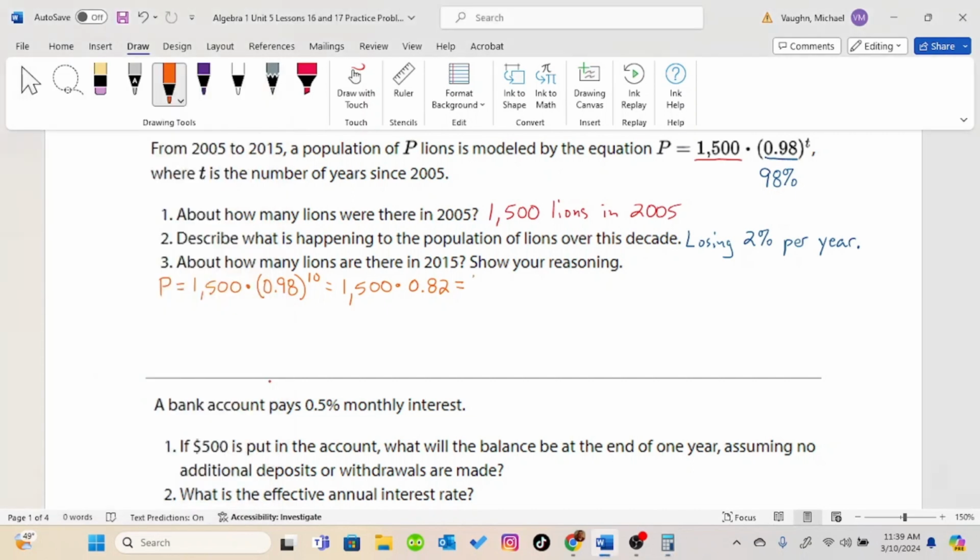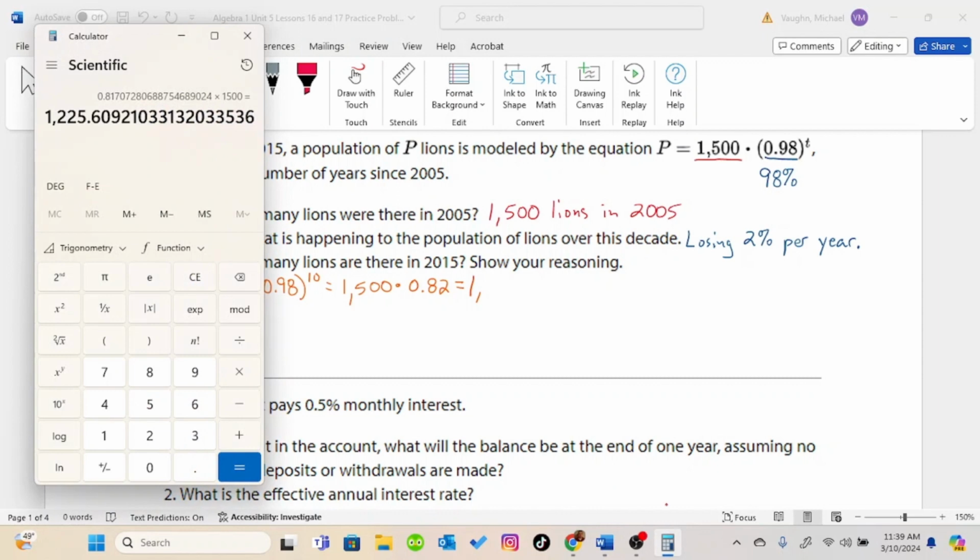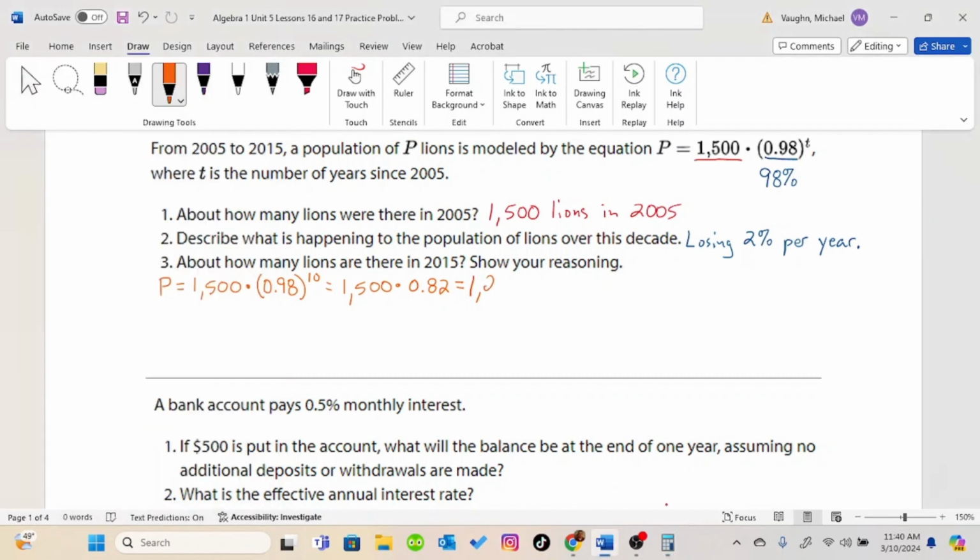So we'll say 1,226 lions in 2015. If you have any questions about how I solved this practice problem, please use class time now to ask for further clarification.